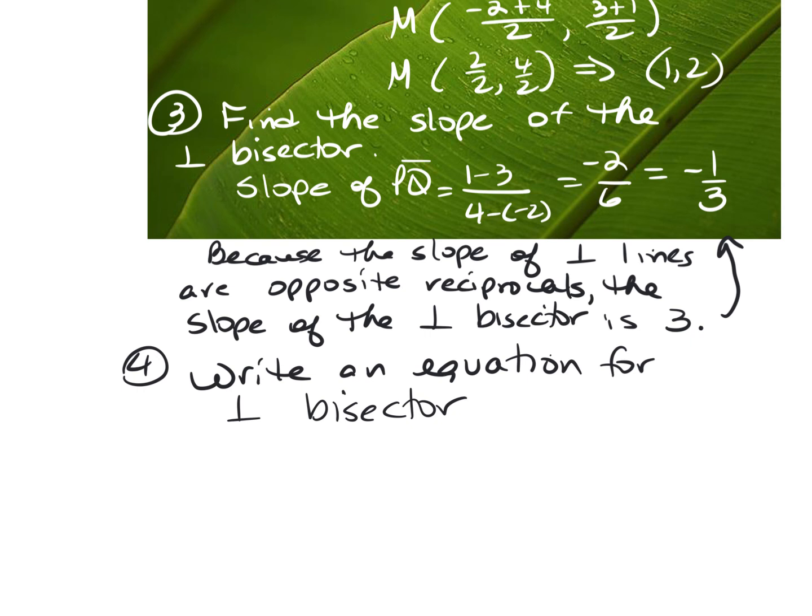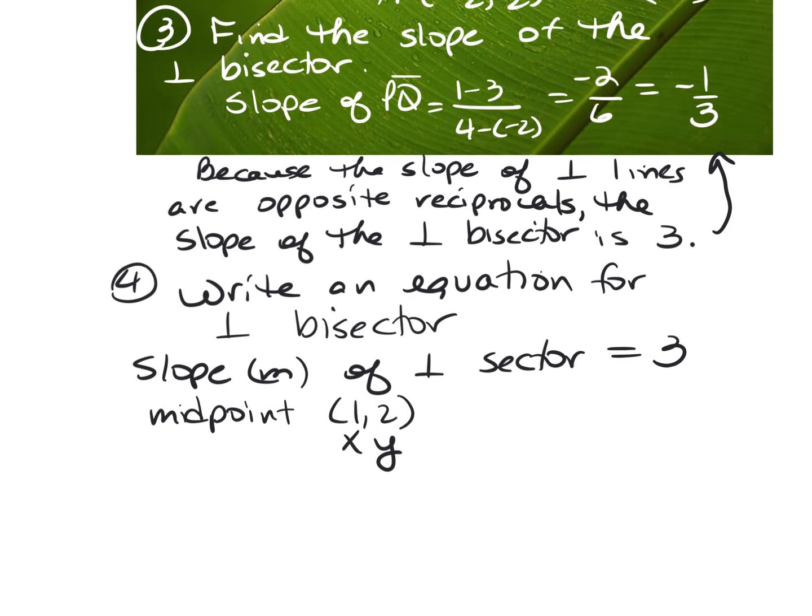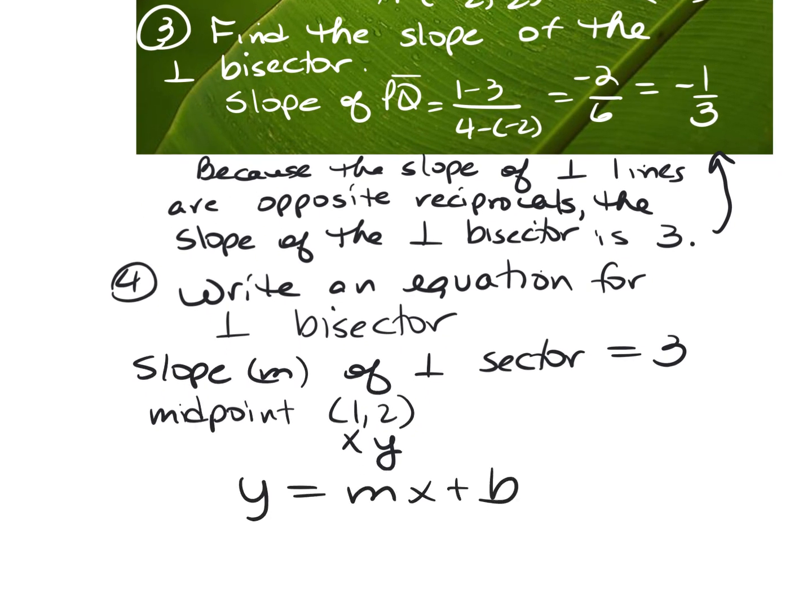So we know that the slope m of the perpendicular bisector equals 3. And we're going to be using the midpoint that we calculated, 1, 2. Remember, this is going to be the x and the y that we're going to plug in to y equals mx plus b.